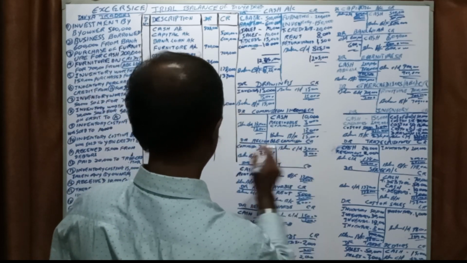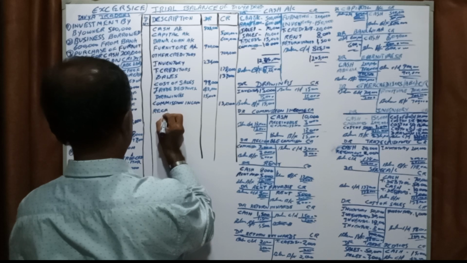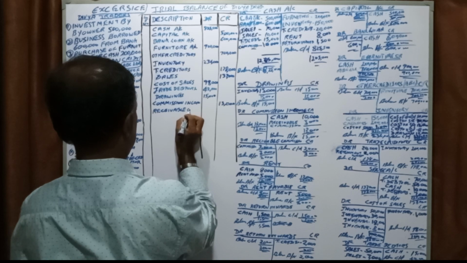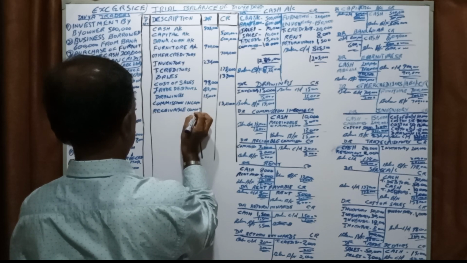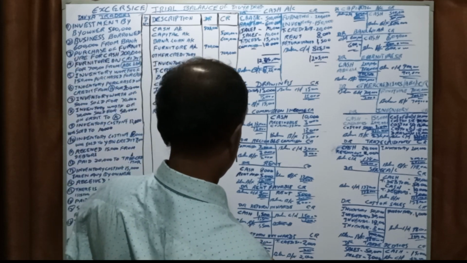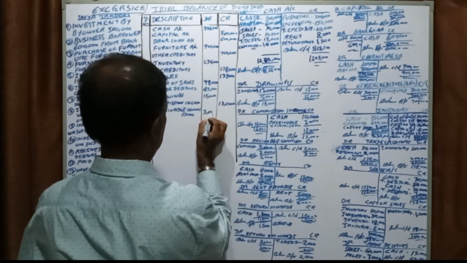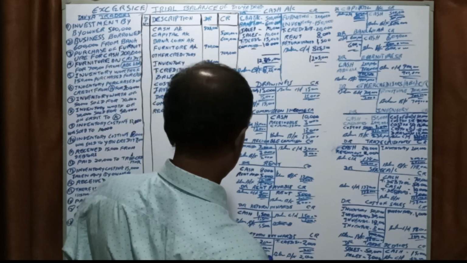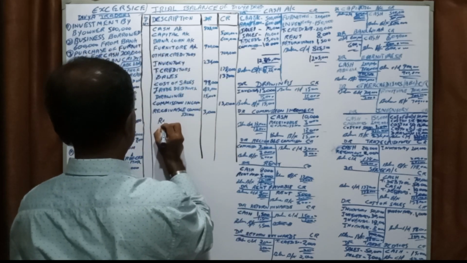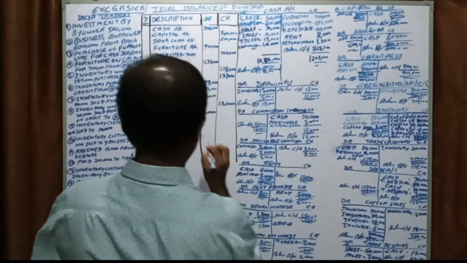And commission receivable was 3,000. And next one is rent account, debit 13,000.